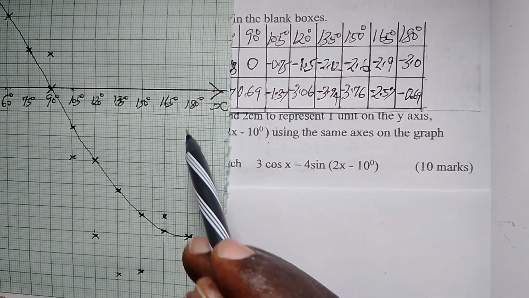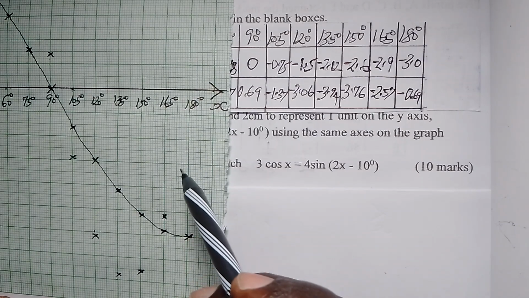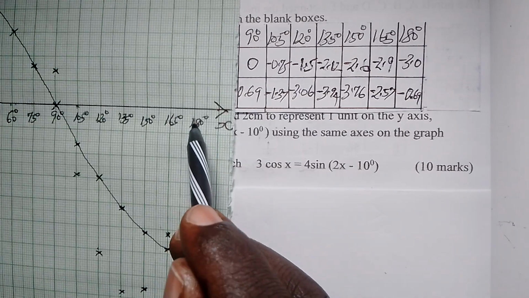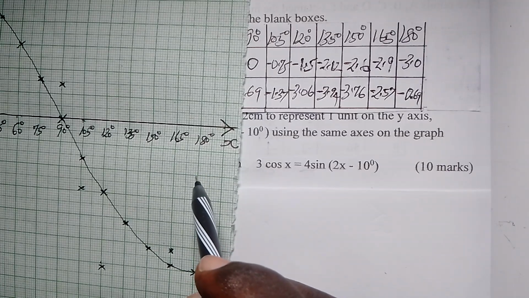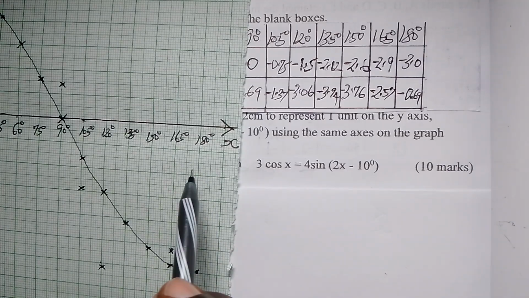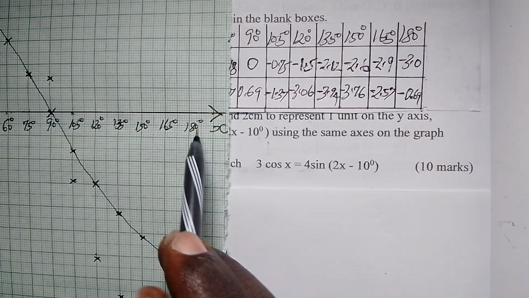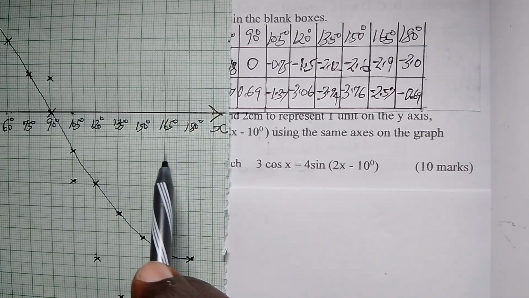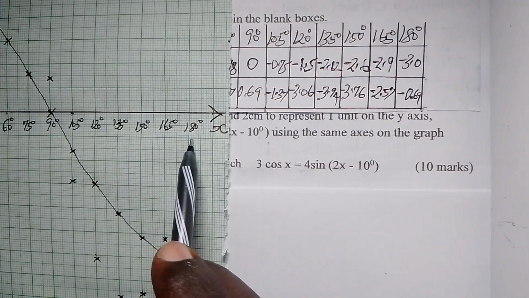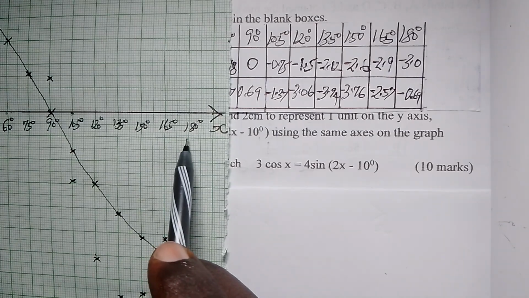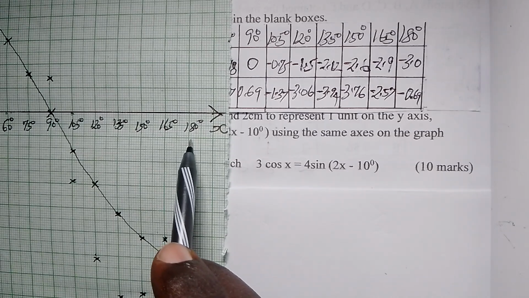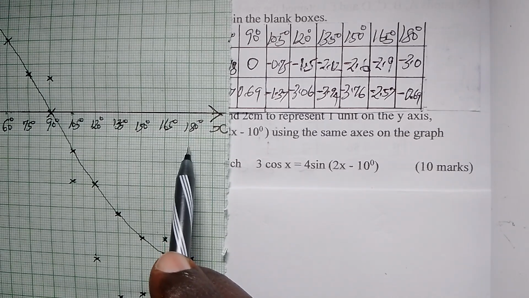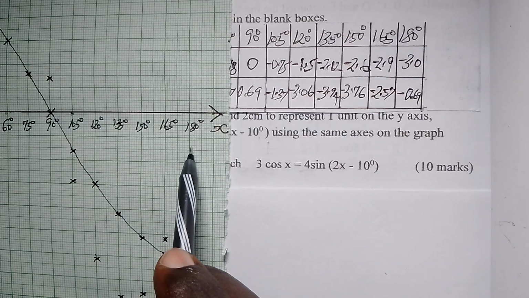And then at 180, negative 0.7. This is where we have negative 0.5. Negative 0.7 will be 4 squares below negative 0.5, just up here.